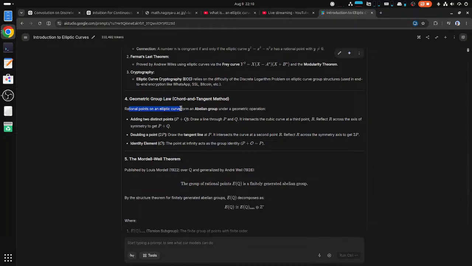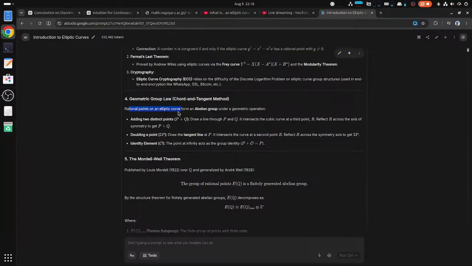So the rational points on an elliptic curve form an abelian group, which means a commutative group, under a geometric operation. So what's the operation?